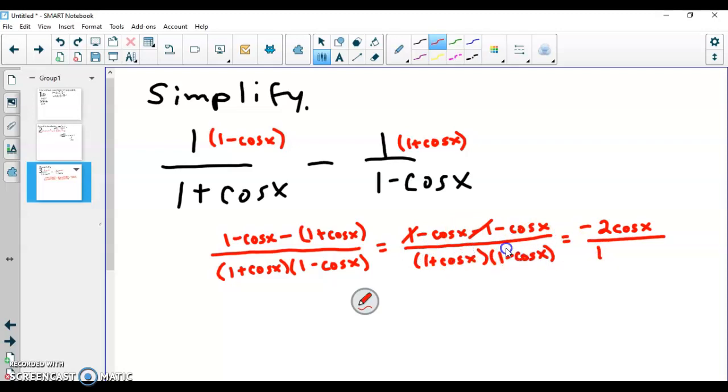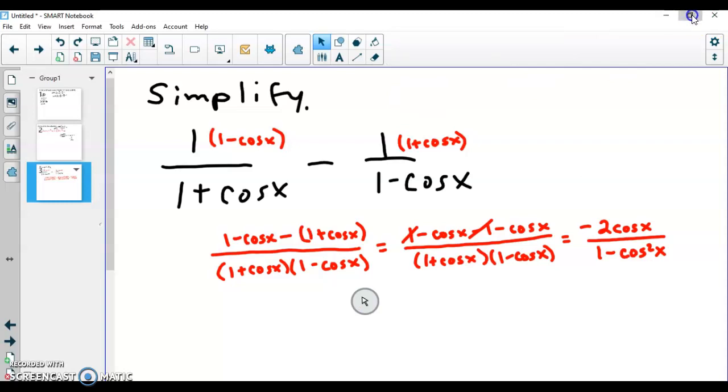My middle term would cancel because they are conjugates, and then I would end up with negative cosine squared x.